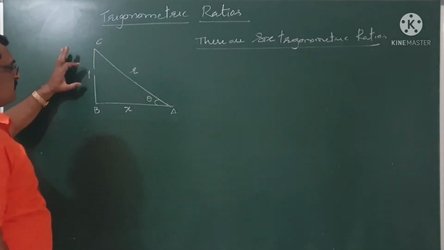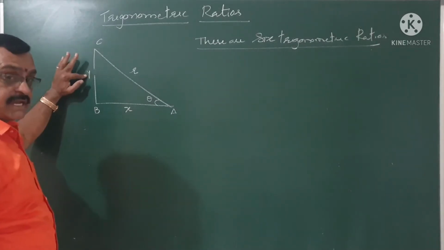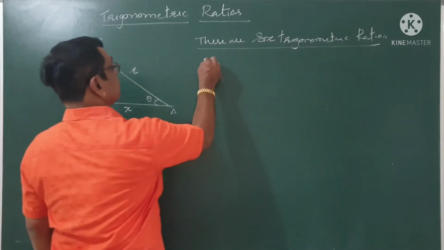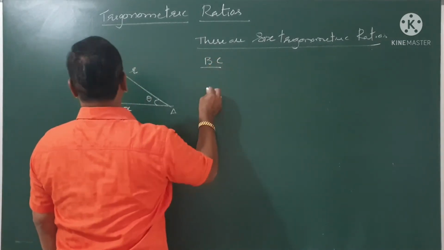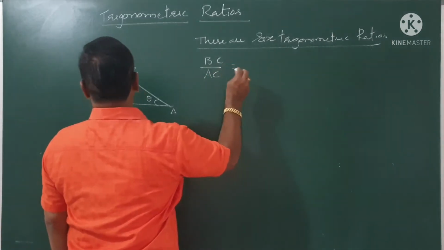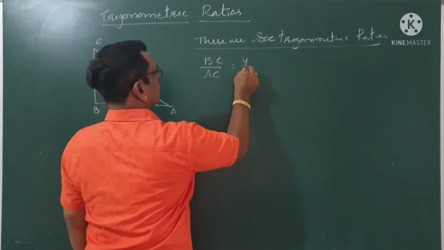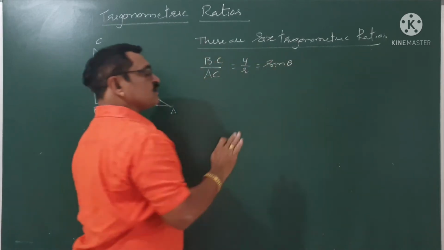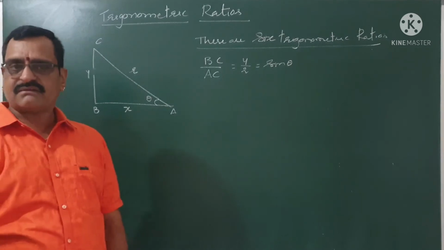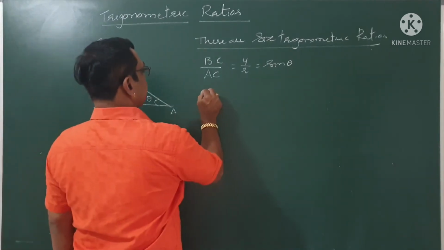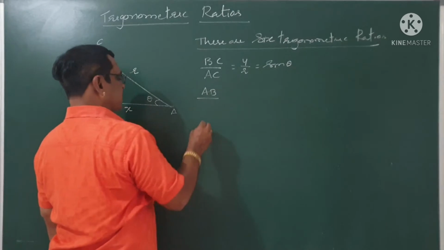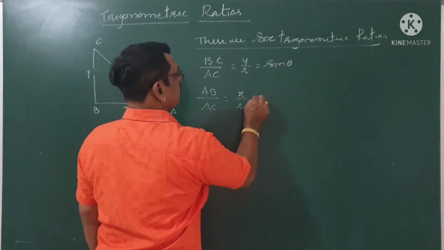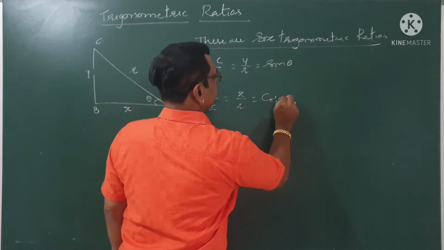The ratio between the opposite side and the hypotenuse, that means BC by AC or y by r, we name as sin theta. And AB adjacent side and AC hypotenuse, which is x by r, is equal to cosine theta.